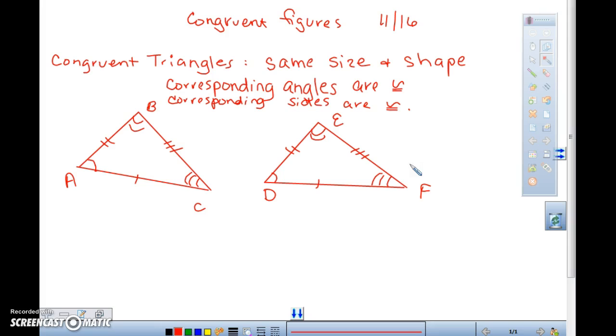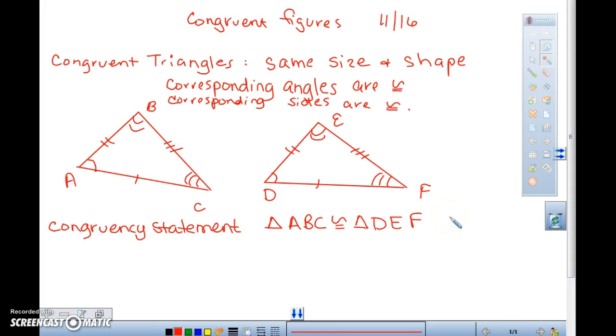If we want to write this picture down in notation, we can write what's called a congruent statement. That triangle ABC is going to be congruent to triangle DEF.